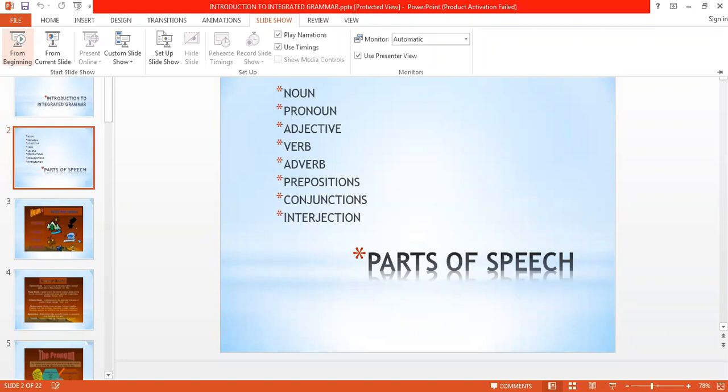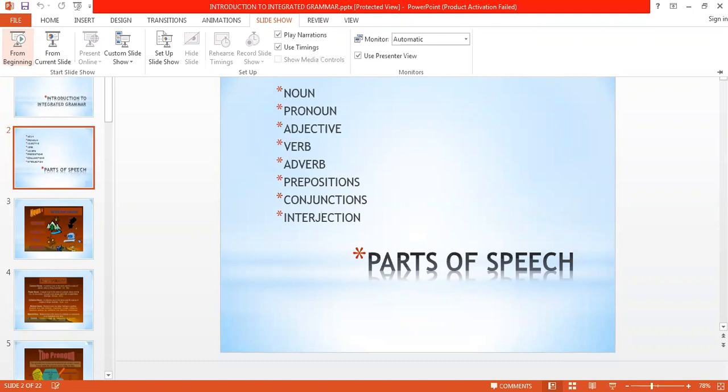But there are different kinds of names. Sometimes we give a category to them. It is called a common noun. Let's know about it. There are basically 6 types of nouns: common nouns, proper nouns, collective nouns, abstract nouns, concrete nouns, and material nouns.